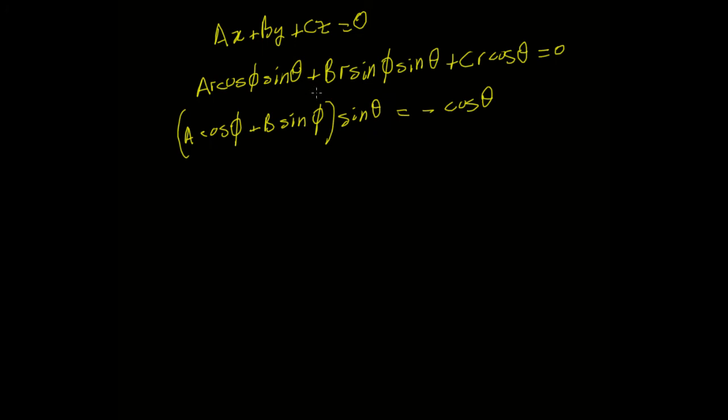Okay, now we can then write that as a cos phi plus b sin phi equal to, to take the sin theta down, that becomes minus cot theta times c.